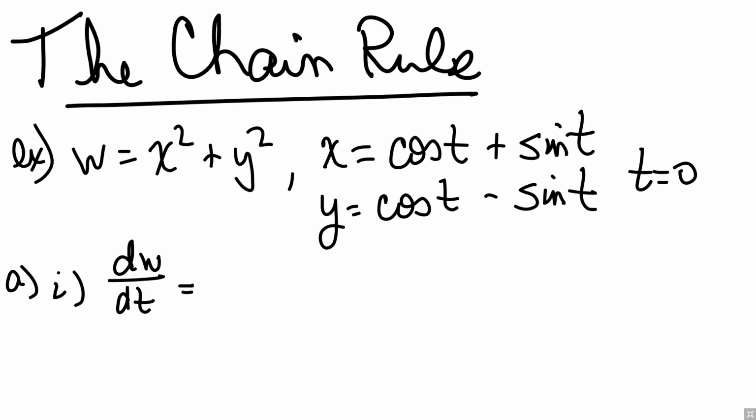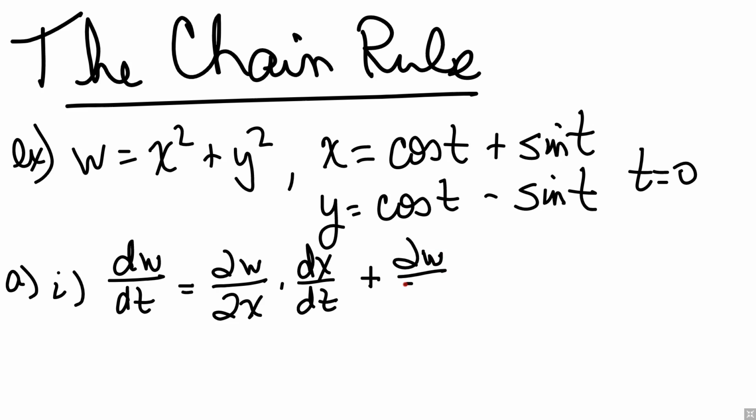Basically, we're going to use that first rule for the chain rule. So we're going to do the partial of w with respect to x times dx/dt, then add on the partial of w with respect to y times dy/dt.